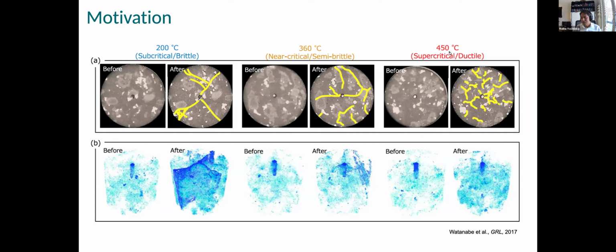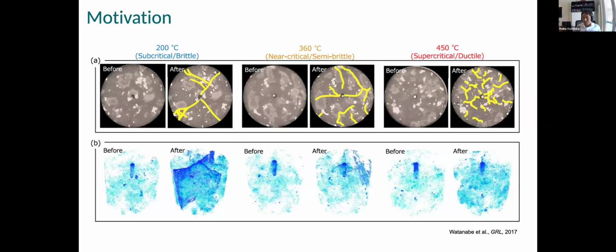Then at high temperature, water is supercritical and rock is ductile, and we see very complex patterns of fracture. They are small and also isolated.